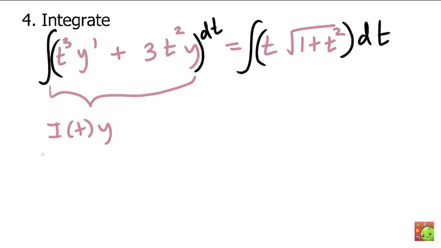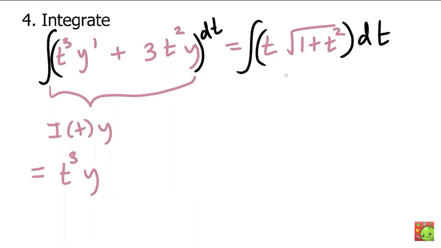I will probably make a video explaining the proof as to why this is true, but this is always true, so you can just write that out. Our integrating factor is t cubed, and y is just y.